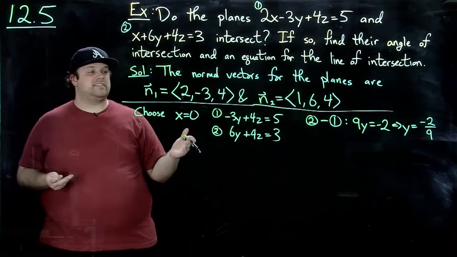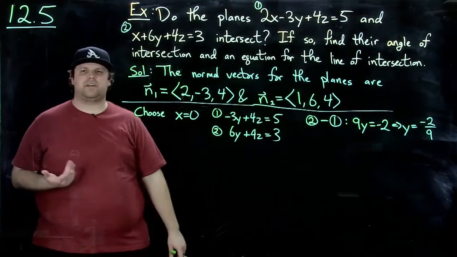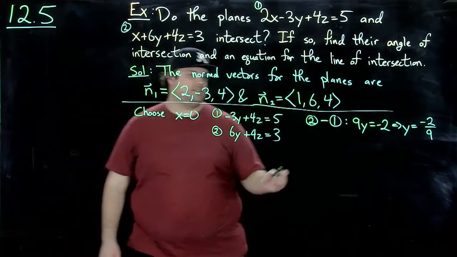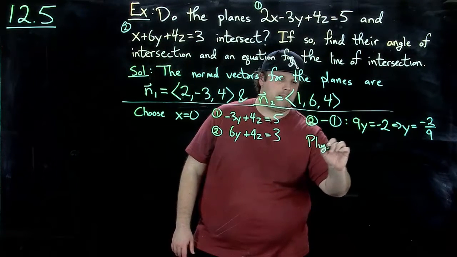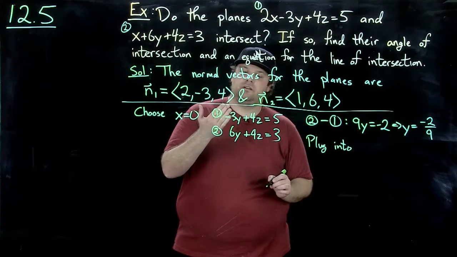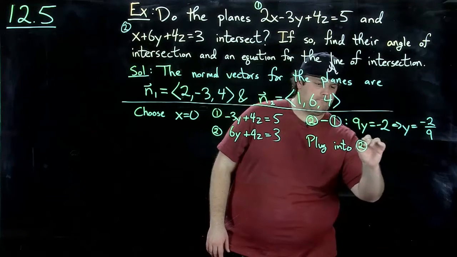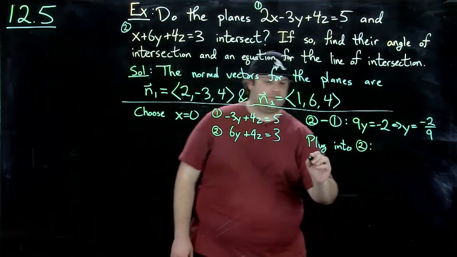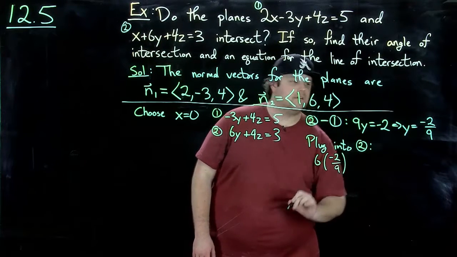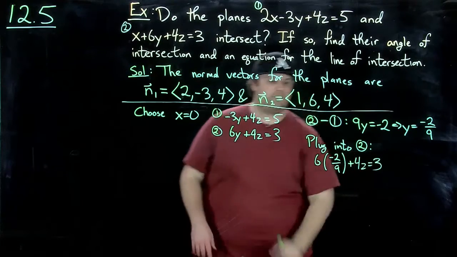Well, if we know y is negative 2/9, then we can plug that back into either of these equations and figure out what z has to be. So let's plug it into, let's say equation 2, since there's not a minus sign in it. Right? So we have 6 times negative 2/9 plus 4z has to be 3.